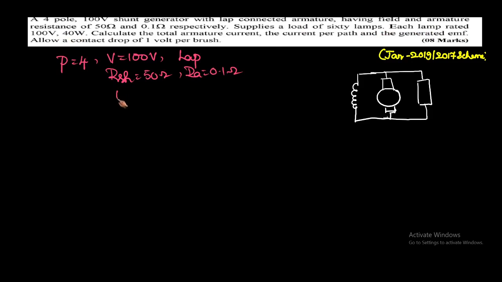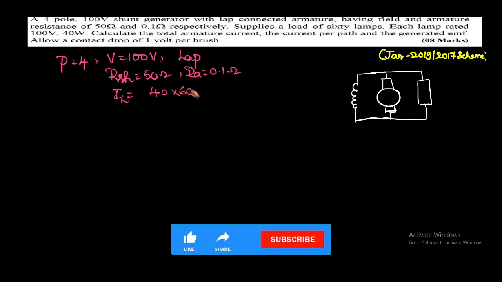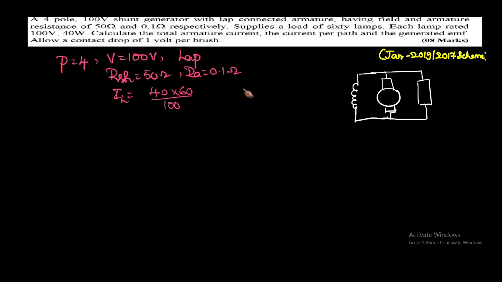So let us calculate the load current. Each lamp is 100 volts and 40 watts, and there are 60 lamps. But I want to get the current, so multiply and divide by 100. V into IL is the power delivered, and the power delivered for each lamp is 40 watts.